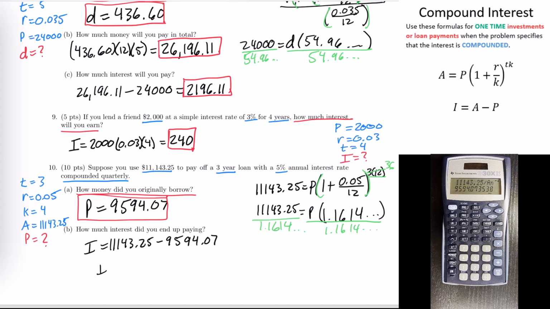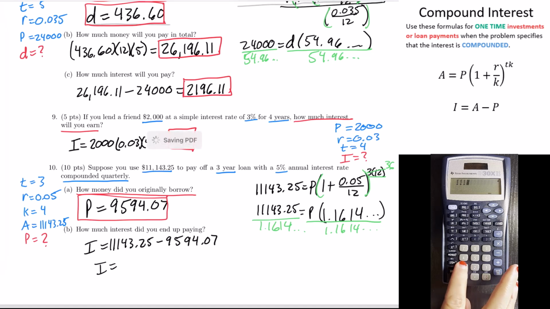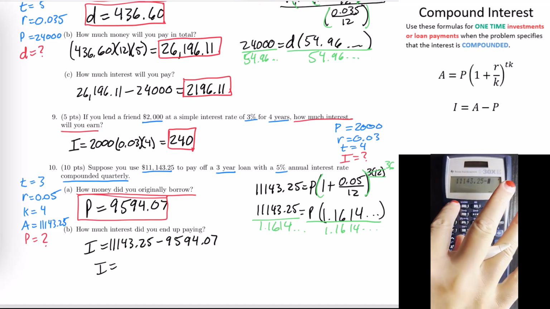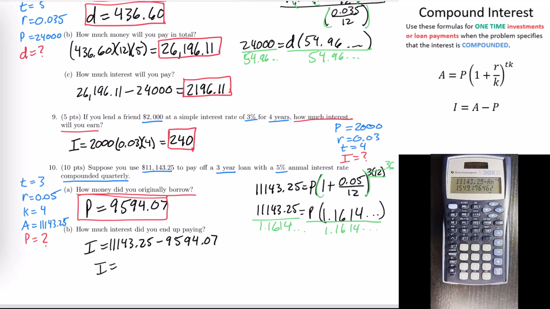And when I calculate that out, 11,143.25 minus my answer gives me $1,549.18. So that would be my interest amount.